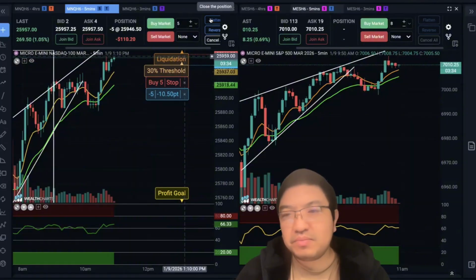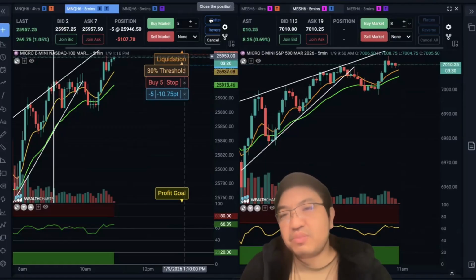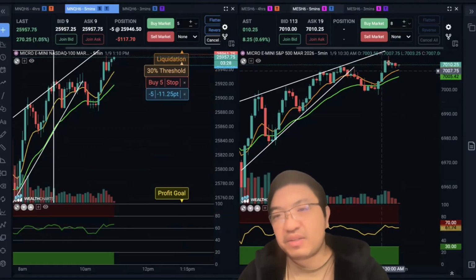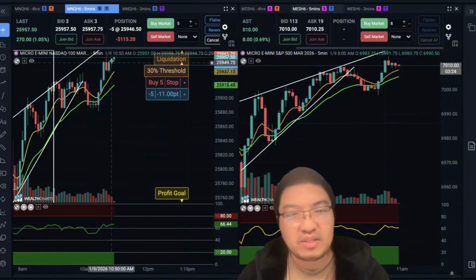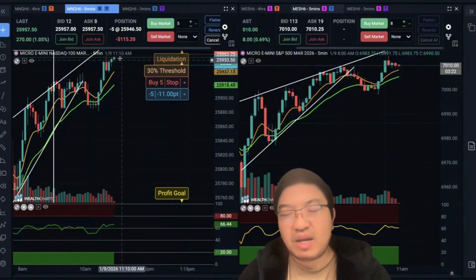Really, will ES fool me again? Is this a bull flag? For ES, it's a bull flag, but for NQ, it's sideways continuing to the upside.